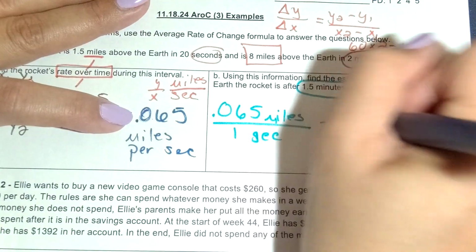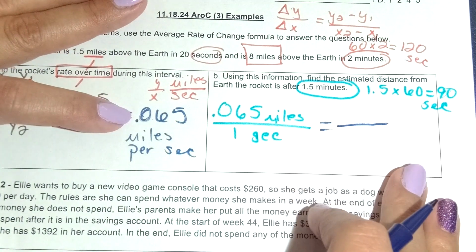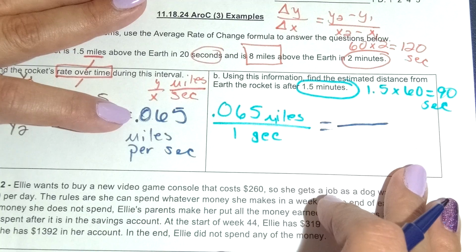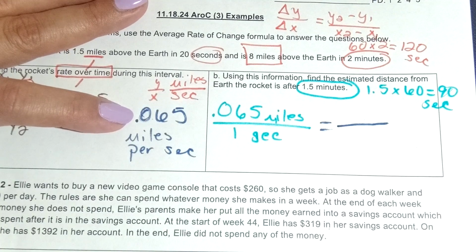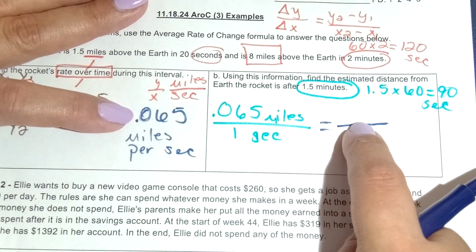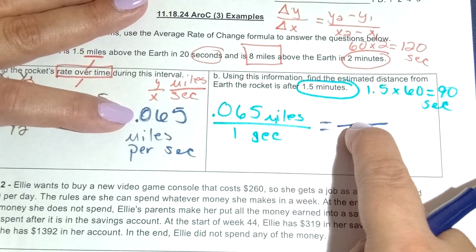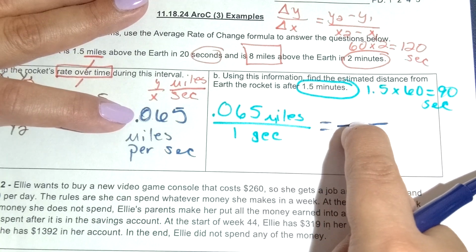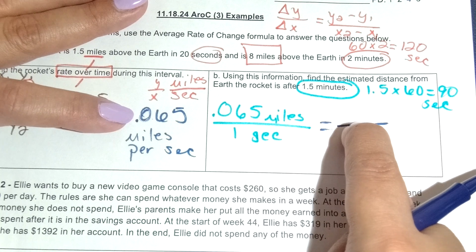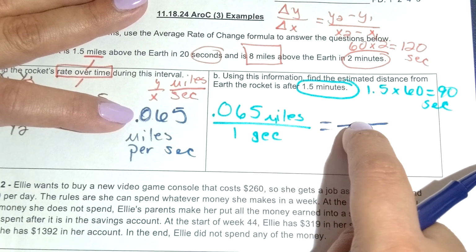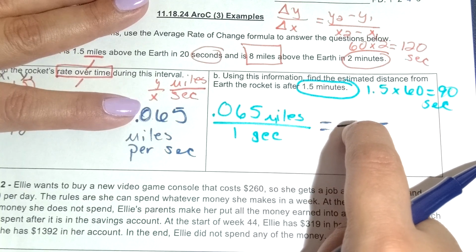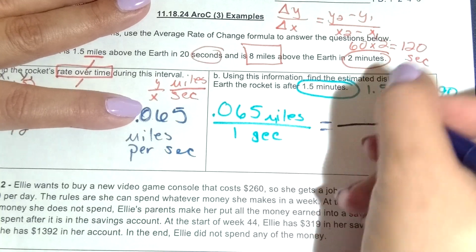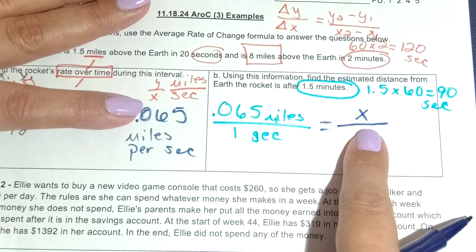This is a proportion. What am I looking for? The distance. What unit is distance? Miles. So we don't know what it is. What should go up there? In algebra, X. When we don't know something in algebra, we usually put a variable.